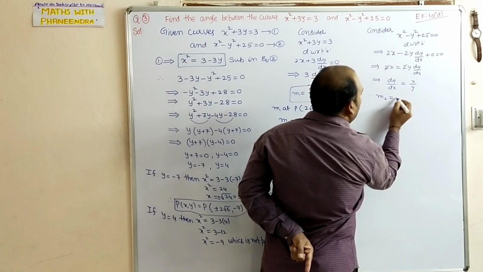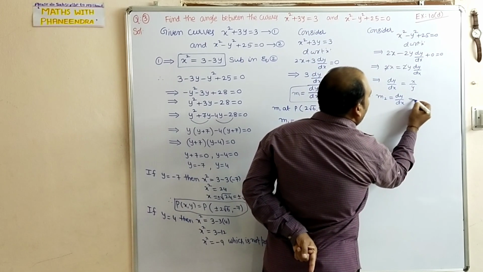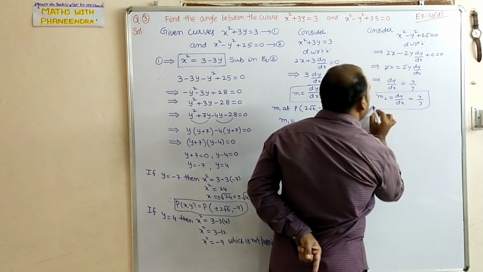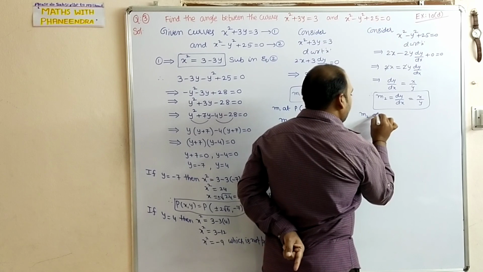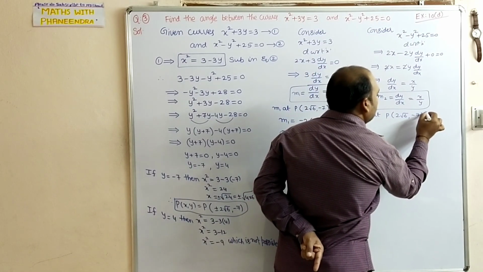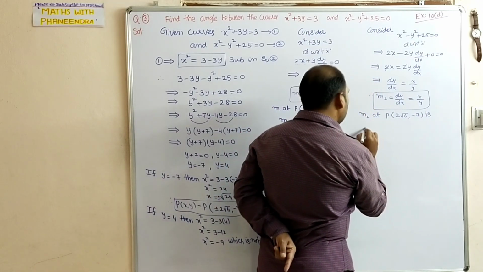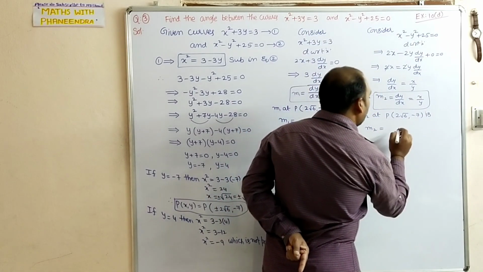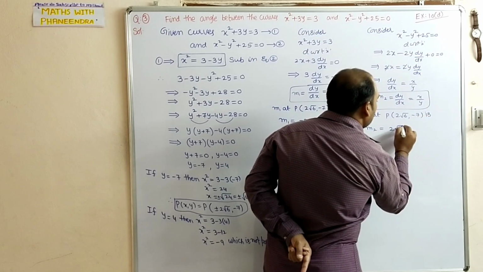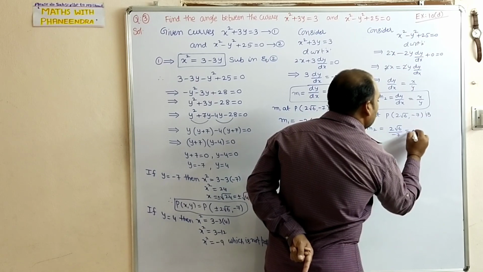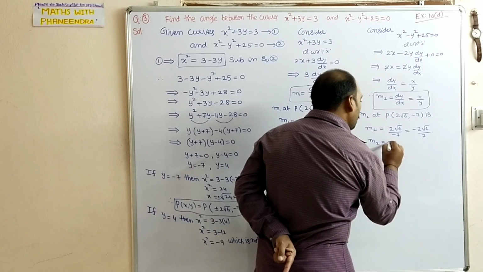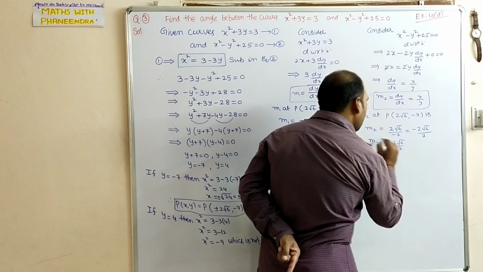Therefore m2 equal to dy by dx equal to x by y. m2 at what point we need to calculate? m2 at P of 2 root 6 comma minus 7, so m2 equal to, in place of x comma y substitute these values, 2 root 6 divided by minus 7, that is equal to minus 2 root 6 by 7. Therefore m2 equal to minus 2 root 6 by 7.